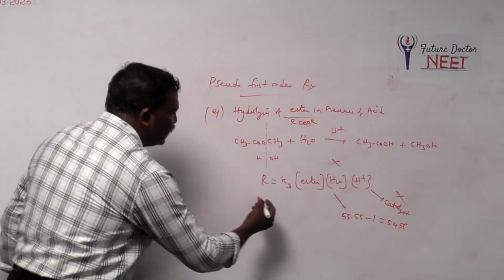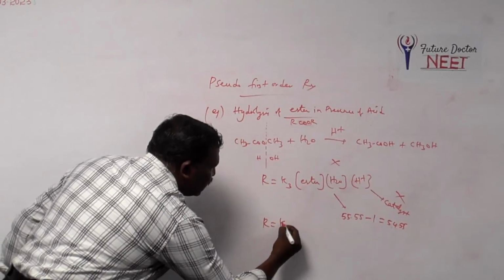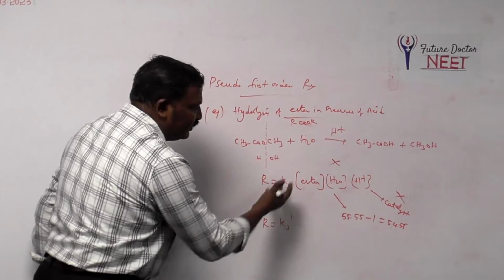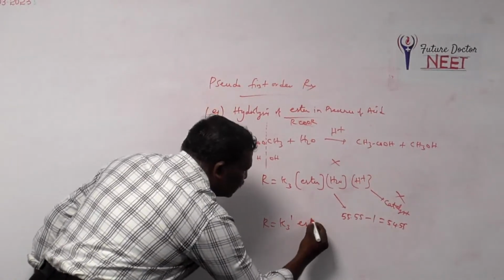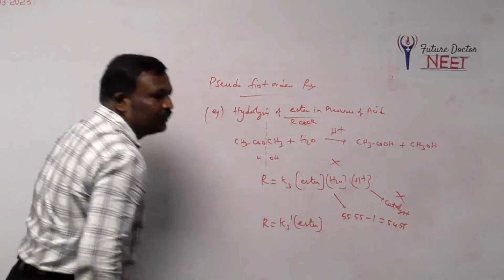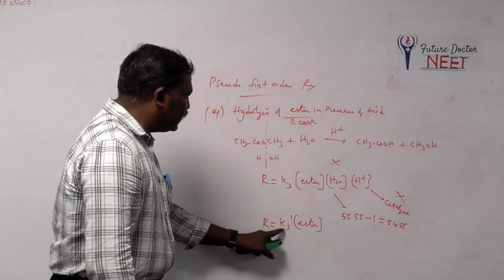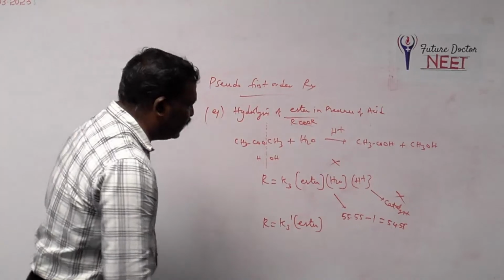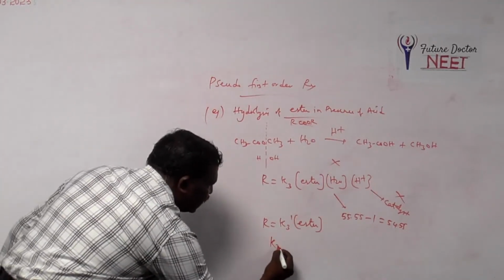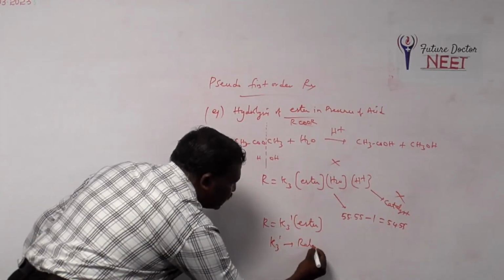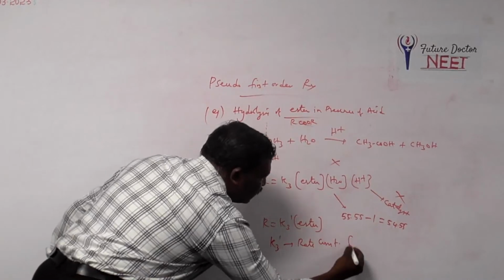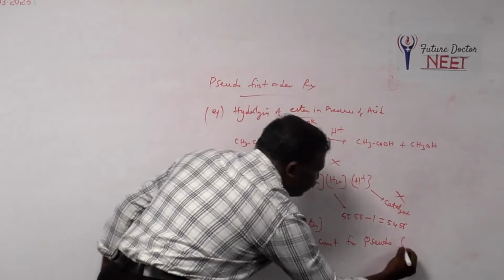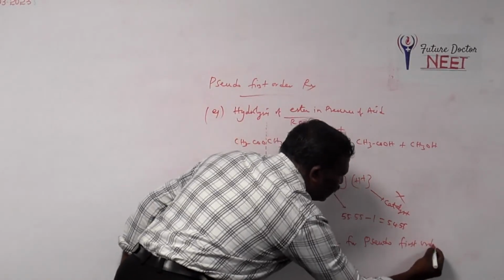Understood? So then only R is equal to K3 dash ester. So K3 dash is called the rate constant for the pseudo first order reaction.